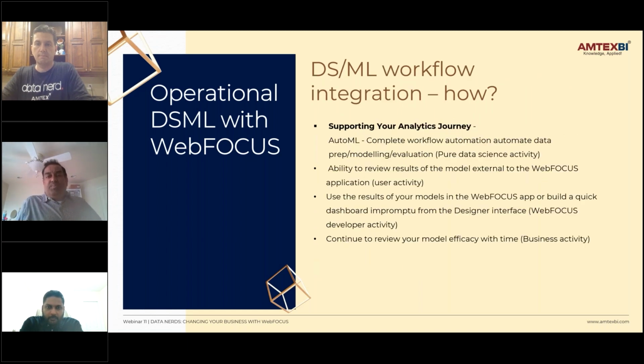So this is a small RACI matrix that we've come up with. AutoML is where you can complete your workflow. This slide details who does what in terms of data science operationalization. Completing the workflow, I still view as a WebFOCUS developer activity. And then any prep modeling.